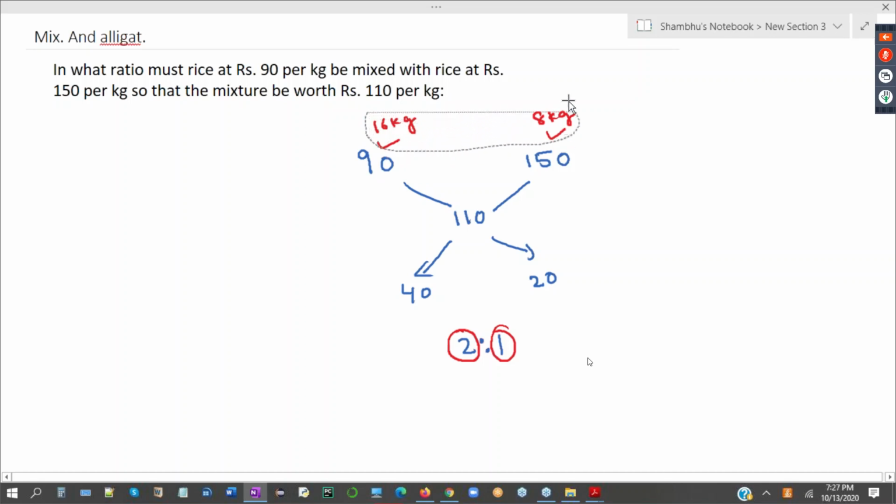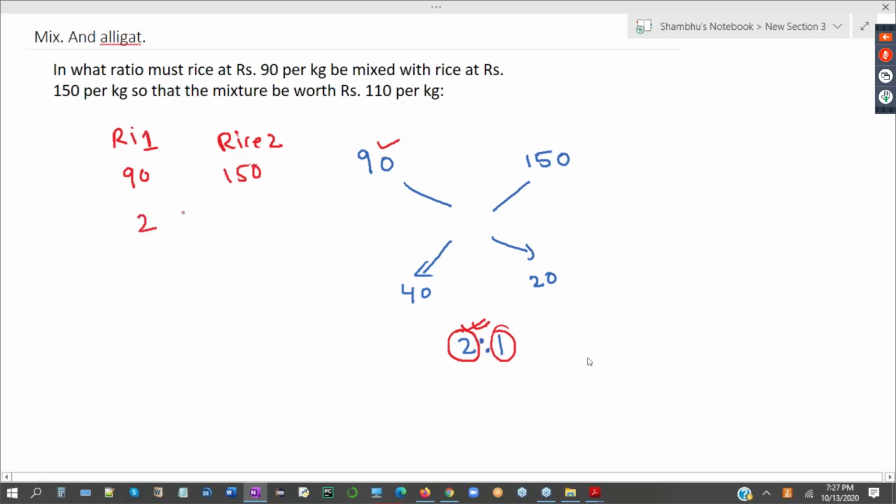One point is this. Now, the second point is how to verify this 2:1 is correct. So what I will do is find out the mean price by using this 2:1 ratio. You have rice 1 and rice 2 at 90 and 150.